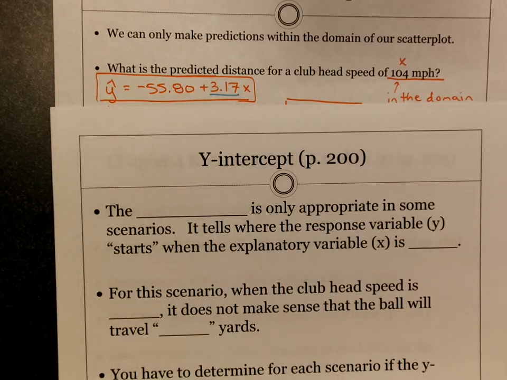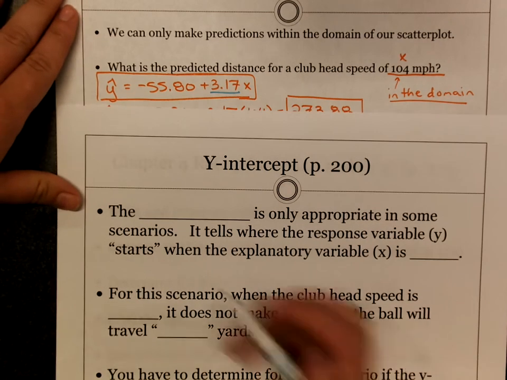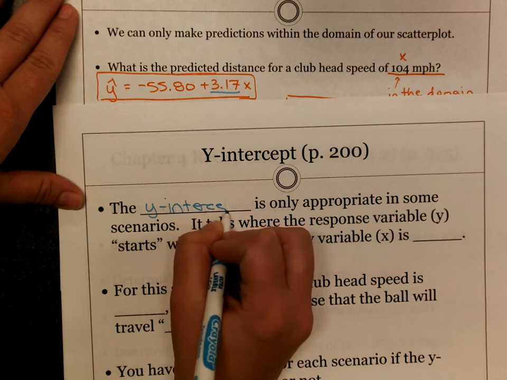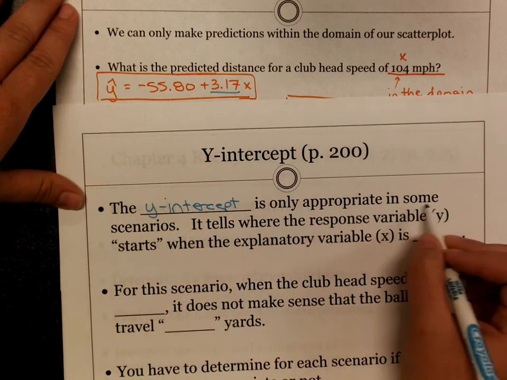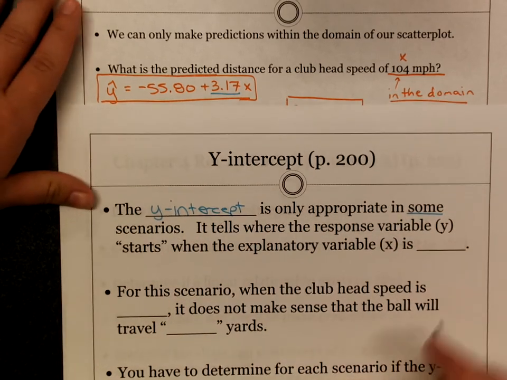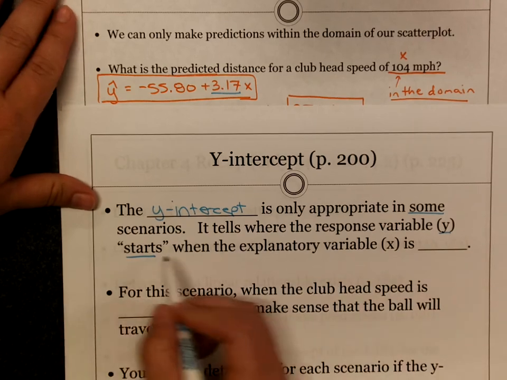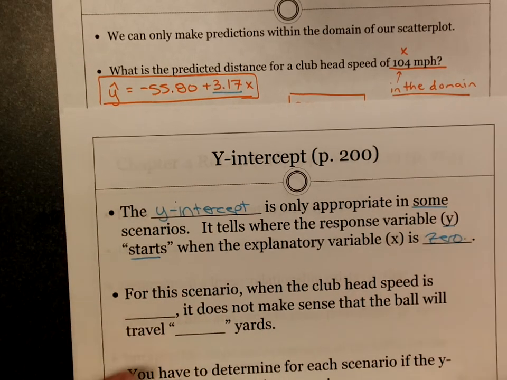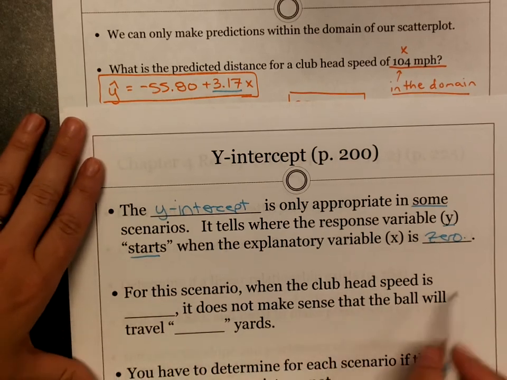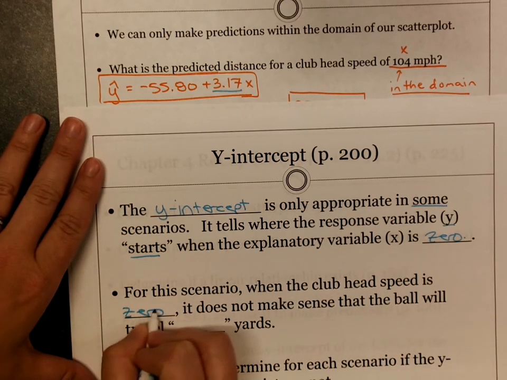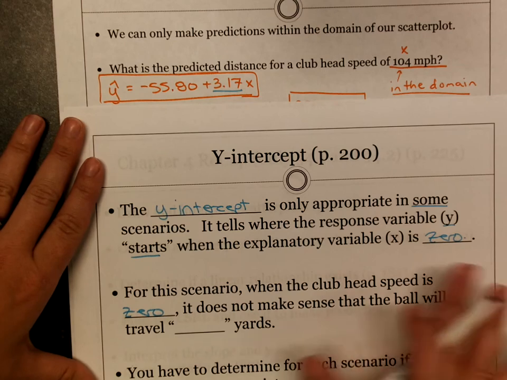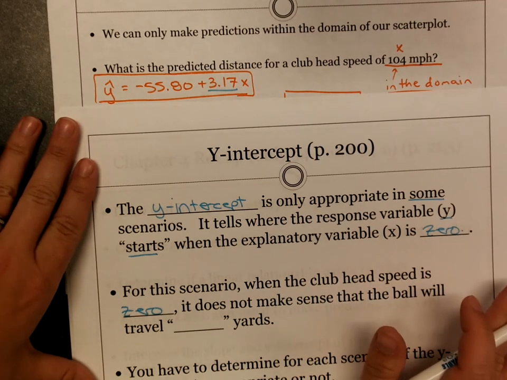And the y-intercept is only appropriate in some scenarios. It tells us where the response variable starts when the explanatory variable is 0. For this scenario, when the club head speed is 0, now let's think about this. That means you're not swinging the club at all. You're just standing there. No speed on the club head.